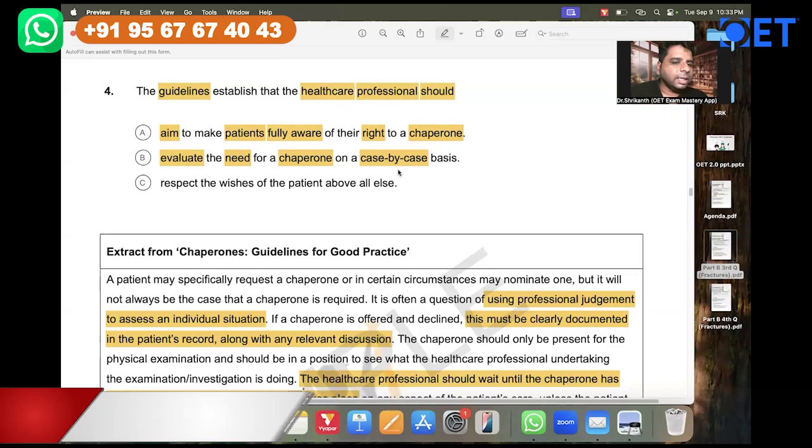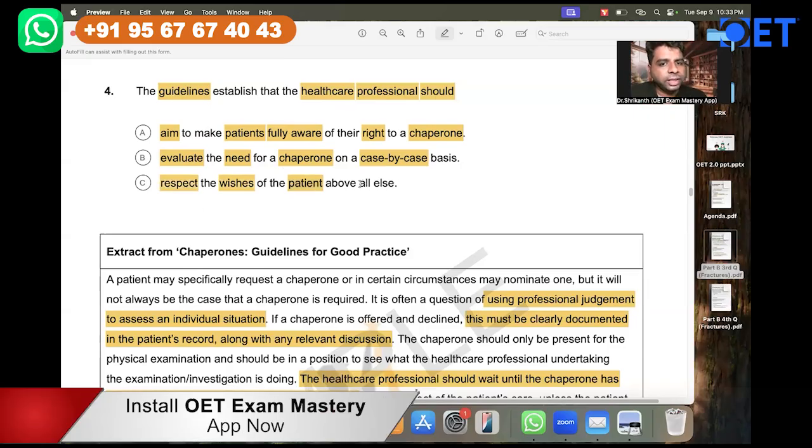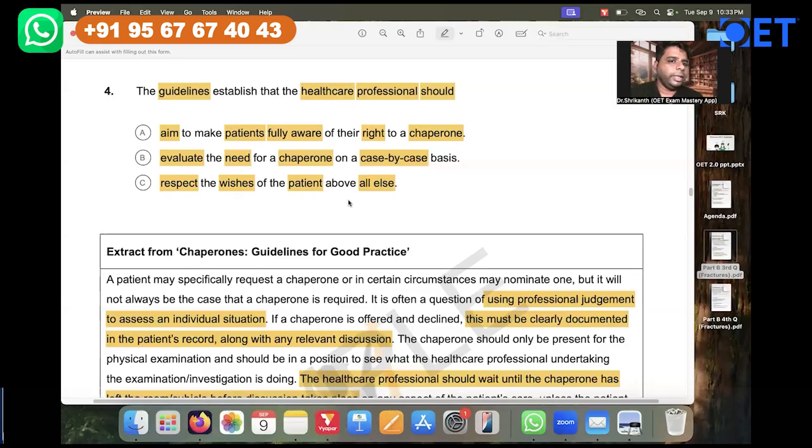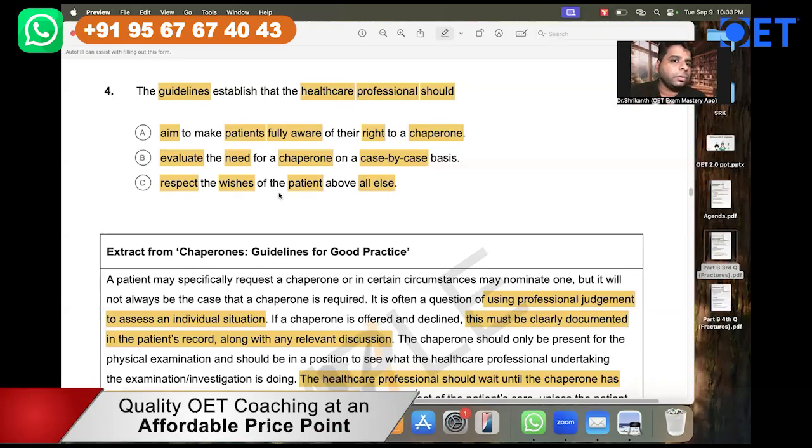Answer option C is telling them to respect the wishes of the patient above everything else. That is a very strong phrase: above everything else. That is the number one priority, to respect the wishes of the patient.